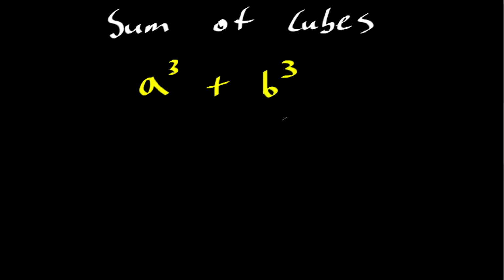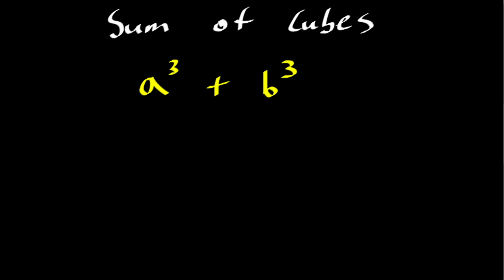In the name sum of cubes, it pretty much tells you what we have, but let's write it out. Essentially, we have a term that we could call a, to the third power, plus b, which is our second term, to the third power.